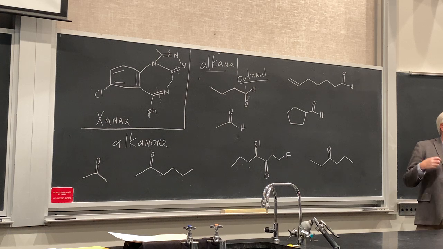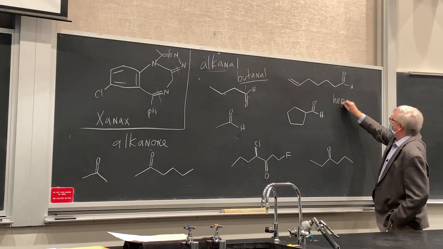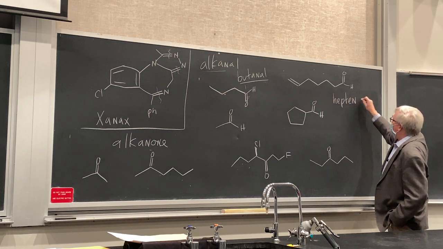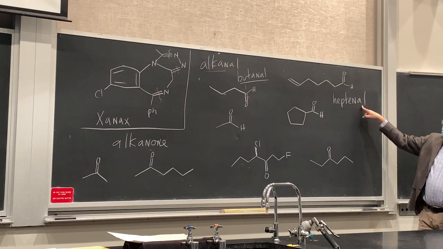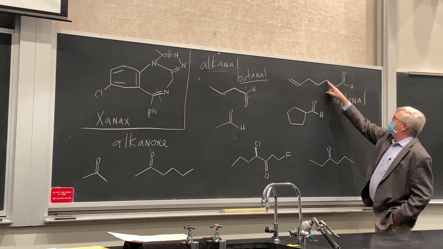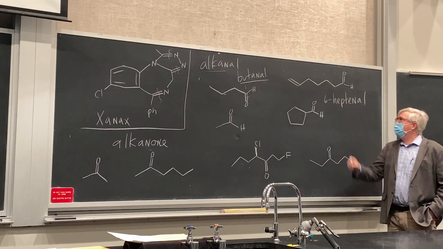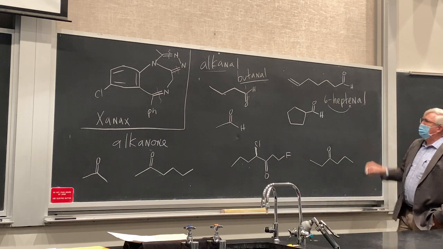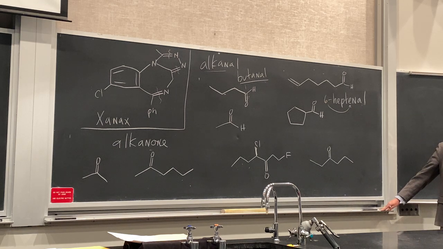Heptane, heptanal, heptenal. Do you see the progression of the naming there? Heptenal. The aldehyde's implied to be number one. So what number do we need here to refer to the alkene? Well, it's 1, 2, 3, 4, 5, 6. So that would be 6-heptenal. And the 6 refers to the alkene part. And that's probably about as complex as we'll get with naming.